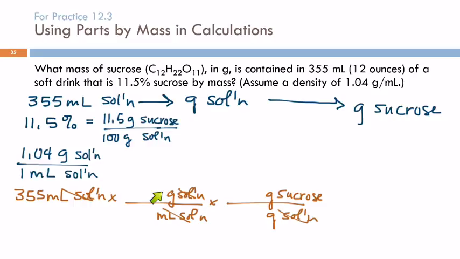So here I've got the grams of solution and milliliters of solution. So I'm going to use the numbers here. 1.04 goes with grams of solution, so that goes on top, and the 1 goes on the bottom. Here's grams of sucrose and grams of solution. So that's this one. Keep the number with the correct unit.